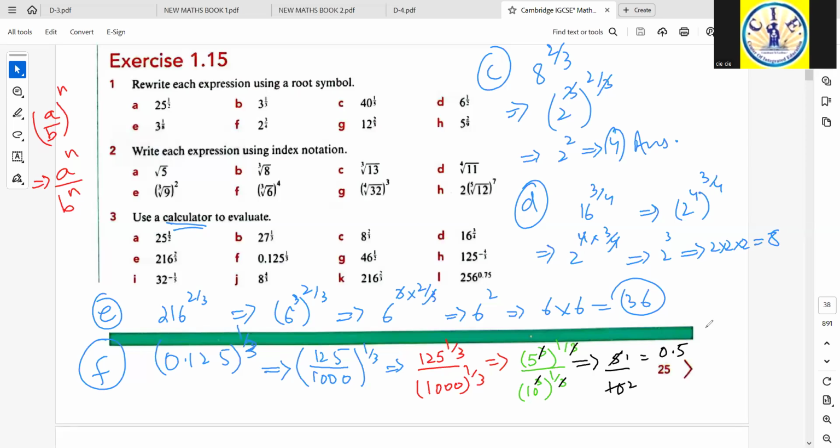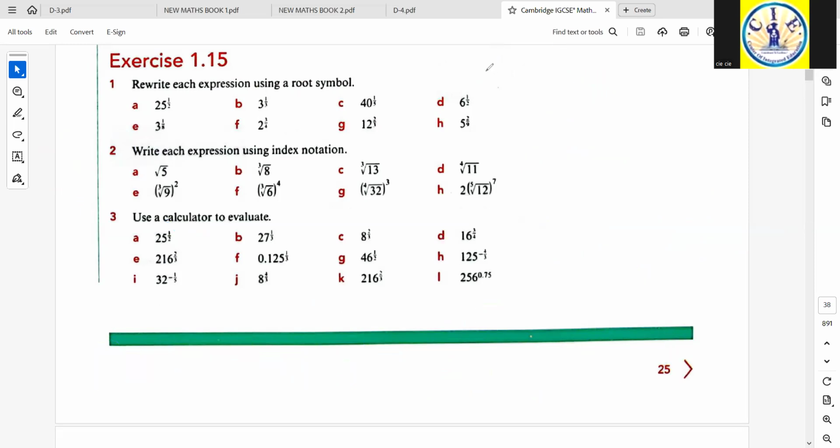Okay, then it's part G. 46 raised to power 1 by 2. Now, since 46 is not a perfect square, instead of using the manual method, I can show you using the calculator.